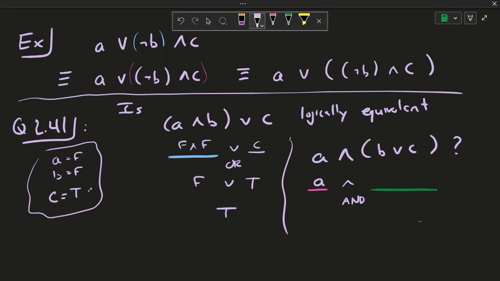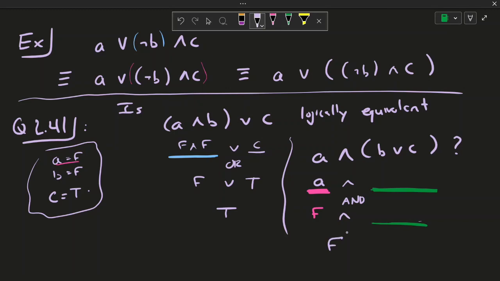On the right-hand side now, because A in the beginning is really going to command a lot of the power in this and statement, and I said A is false, then I have a false, and it really doesn't matter what comes out of this green, because no matter what, false and something else is going to be false overall.